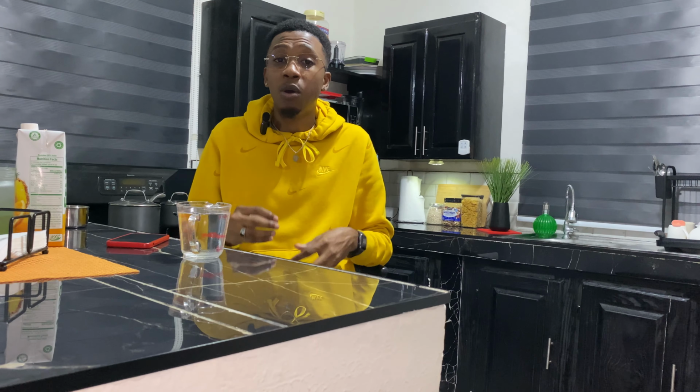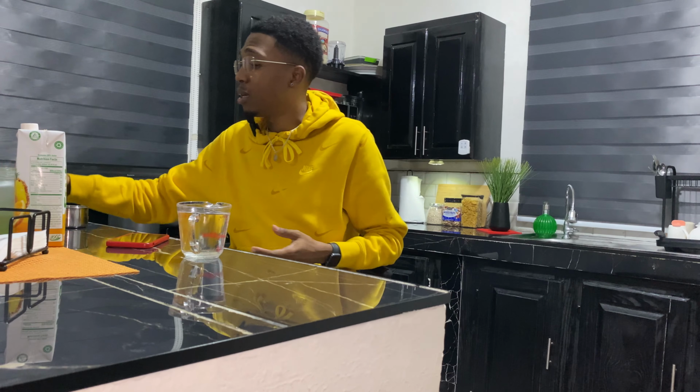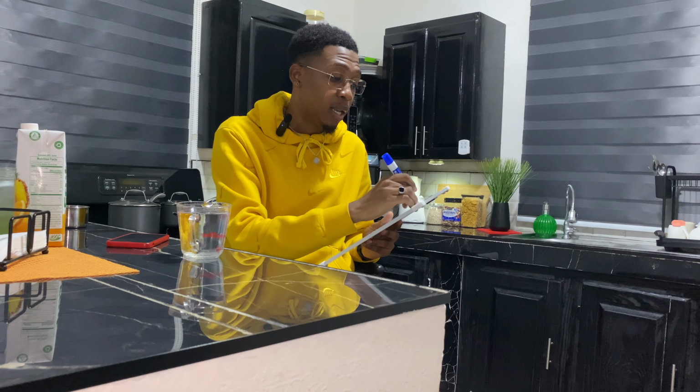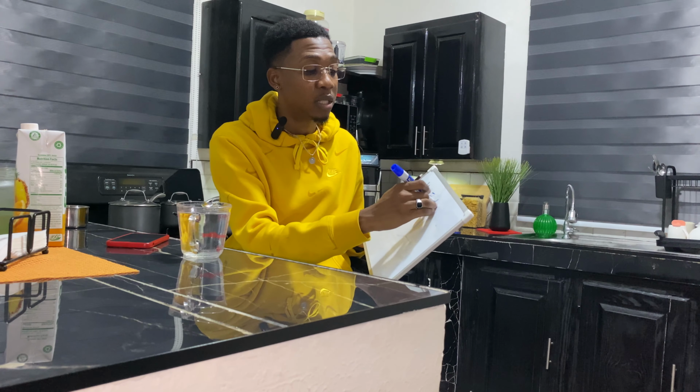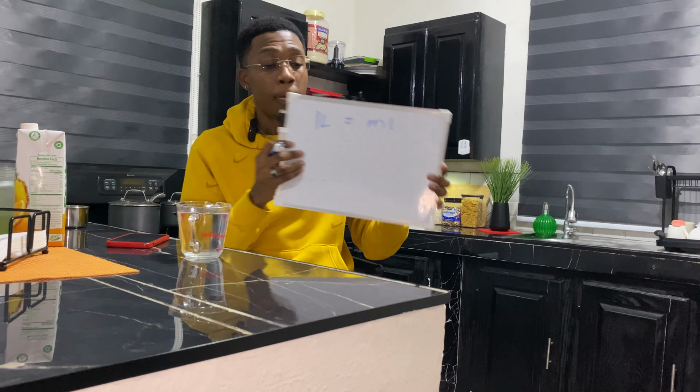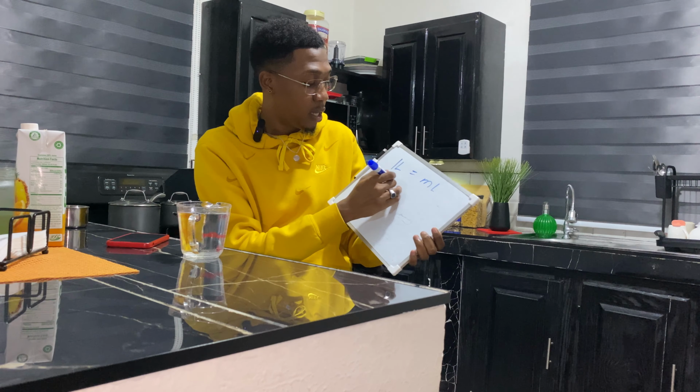And while we're filling it up to 250 milliliters, let me explain. First, we need to know how much we're going to be dividing it into. So 1 liter, let us work out the conversion. We need to get both of the units on common ground. So we need to know how many milliliters 1 liter is equal to. So let us put our conversion here.